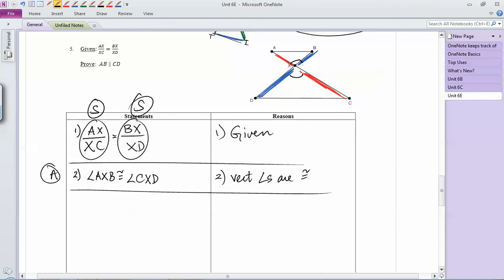So now I've got SAS similarity. If I call the first triangle AXB, the second triangle, remember I'm using similar here, that's red then blue, so it's going to be CXD. And now I'm using the reason side angle side similarity.